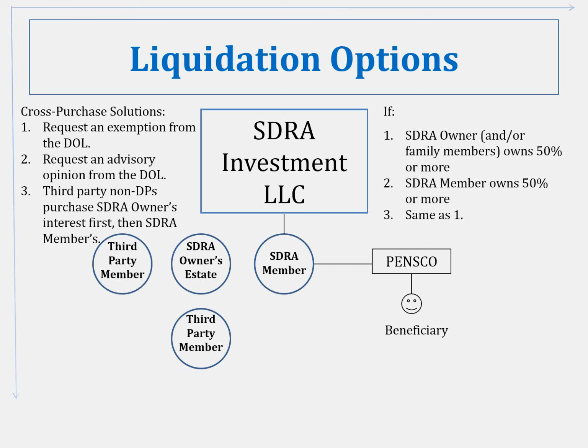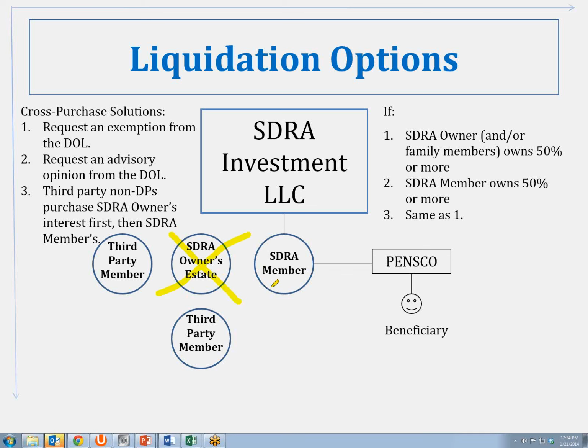All right, so now what we've done is we have the IRA owner, we have the third parties, but we no longer have the self-directed retirement account owner's estate owning the LLC. Well, at that point, these parties over here are no longer the co-owners, 10% or more, of an entity in which the fiduciary or the disqualified person owns 50% or more.